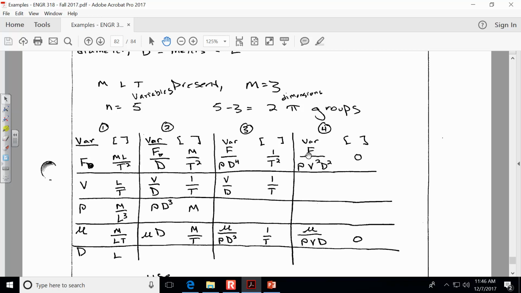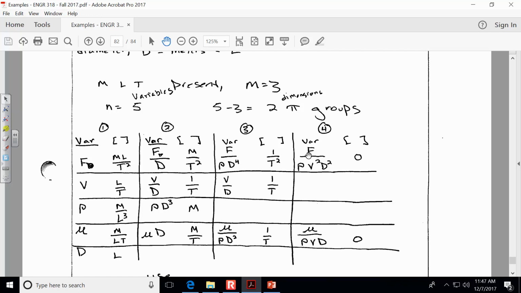And so how should we combine D and density together? Multiply. Cubed. Good. So if I have density times diameter cubed, then the resulting units of that is just mass, which is great. That becomes a tool that I can use to cancel mass in other groups.